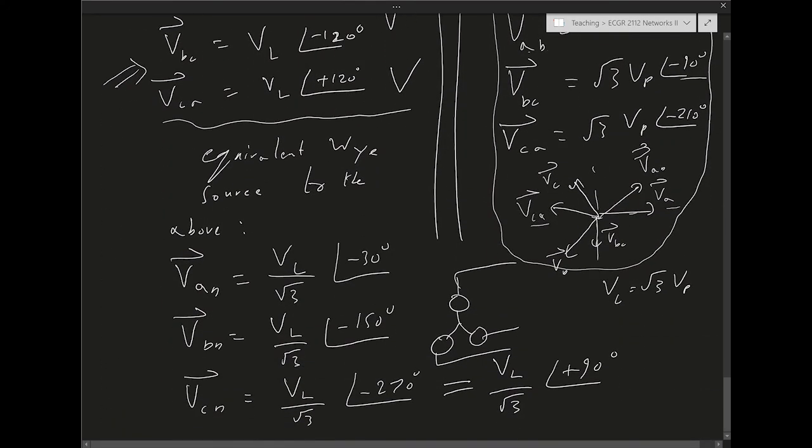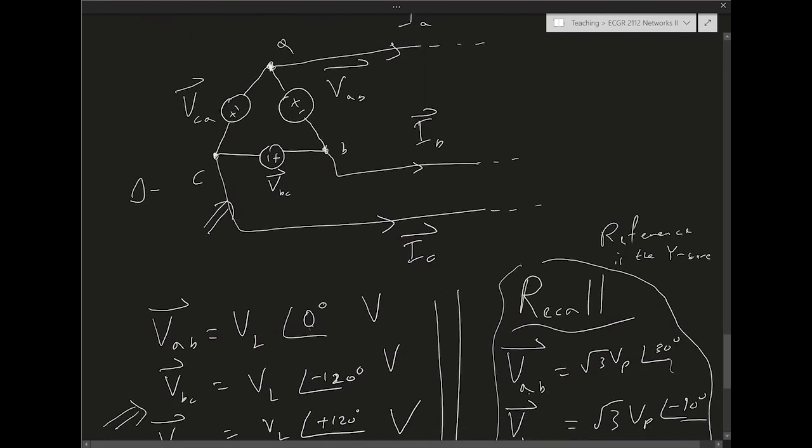So there is this idea that if you have a three-phase system, whether source or load, if it's balanced, you can always convert at will between Y and delta, go back and forth. And this simplifies solving balanced systems with delta connections.